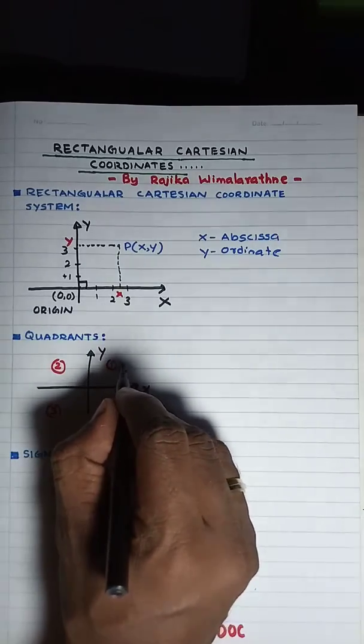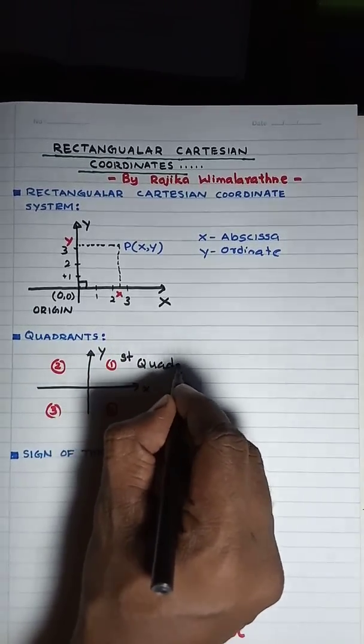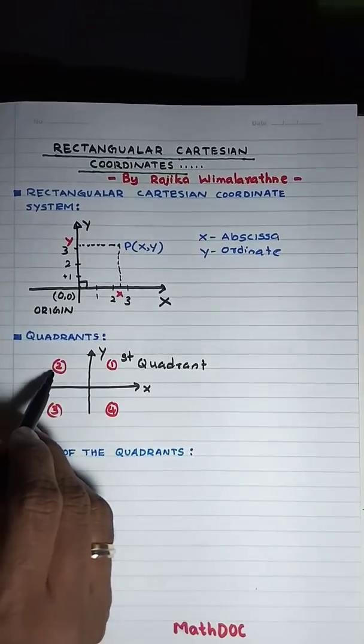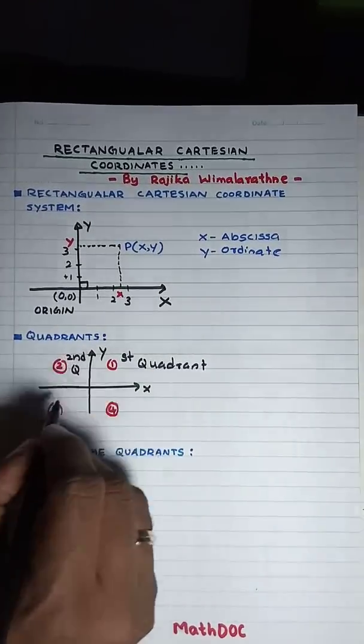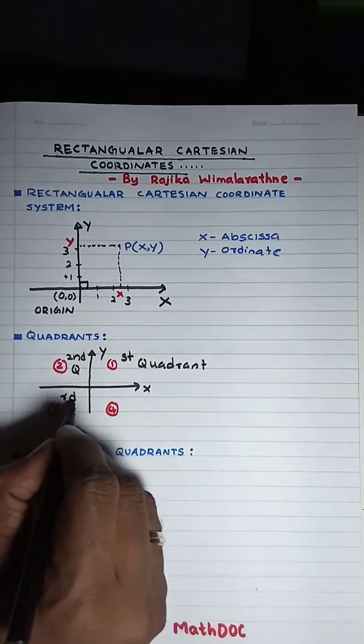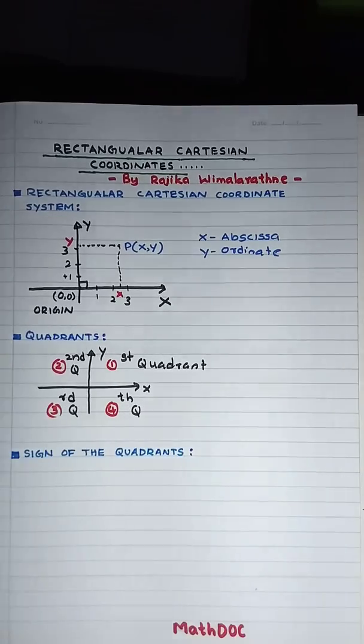Here we call the first quadrant, similarly here the second quadrant, here the third quadrant, and here the fourth quadrant. Those are the quadrants.